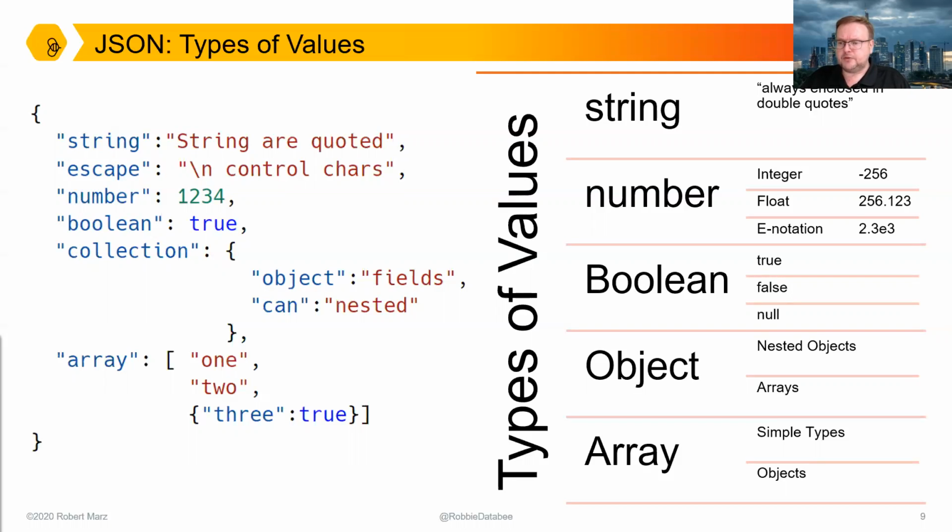Boolean data types, true, false, and null, don't have to be quoted either because those are keywords. And then you can have objects. Those are nested key value structures, and you can nest objects or arrays. And we have arrays, and those can consist of simple types or objects again.